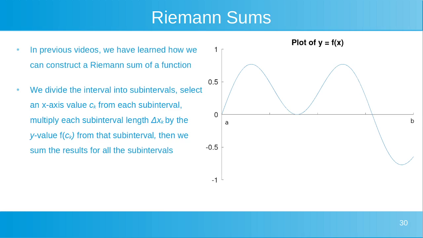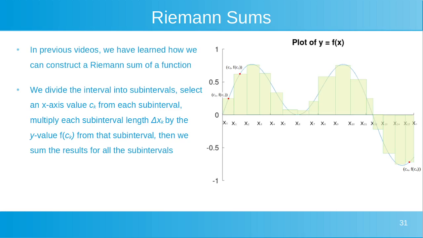To construct a Riemann sum of this function, we divide the interval from a to b into sub-intervals. Here, our first subinterval from x0 to x1, our second subinterval from x1 to x2, our third subinterval from x2 to x3, and so on, until here in this example, our last subinterval is from x15 to xn.